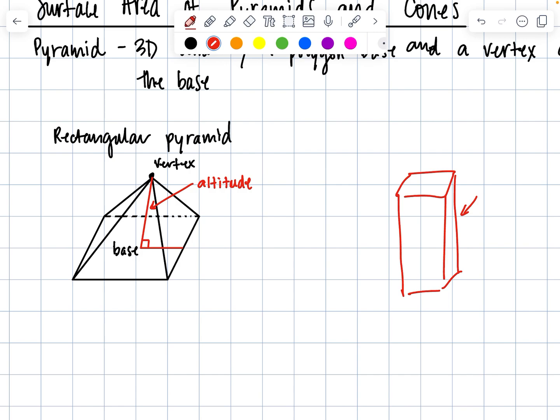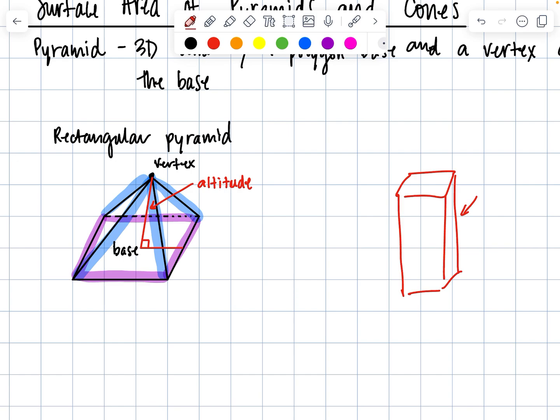We have lateral edges here, so just like before, I'm going to highlight the purple parts as the base. That's what we did last time. And then I highlighted the lateral edges in blue. Lateral edges occur when we're going from side to side, right?